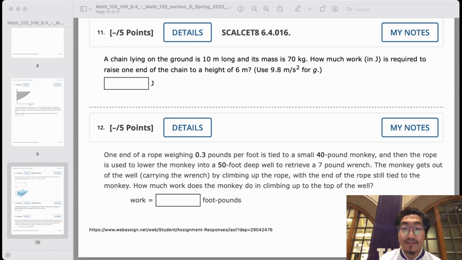The Riemann limit is the limit as n approaches infinity of the sum from i equals 1 to n of W_i, with y_i star. The Riemann integral is going to be from 0 to 6 of density times gravity times y dy. That is your total work needed.